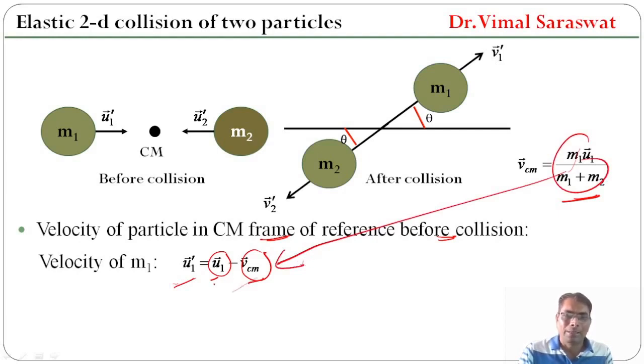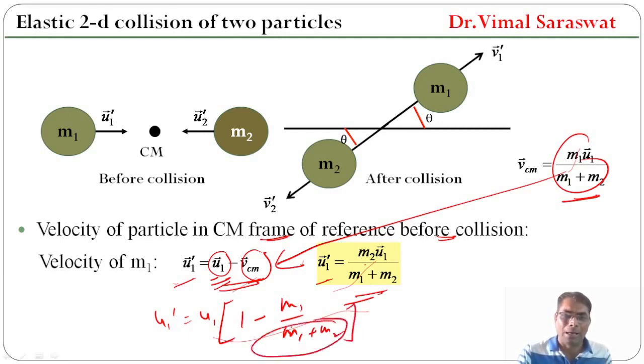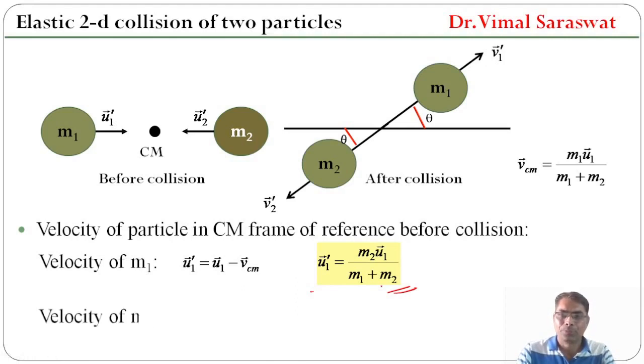Now we can take u1 common between these two quantities. So u1 dash equal to m2 u1 upon m1 plus m2. How do we get this value? Because u1 dash equal to u1, and in bracket 1 minus m1 upon m1 plus m2, and by taking m1 plus m2 LCM here, we get m2 u1 upon m1 plus m2. So u1 dash equal to m2 u1 upon m1 plus m2.